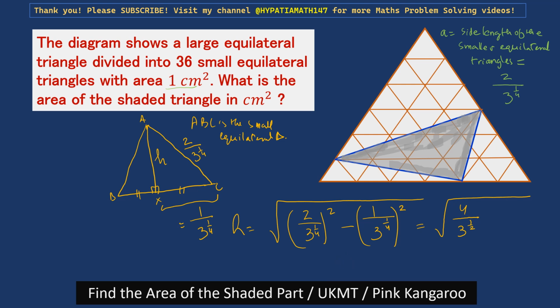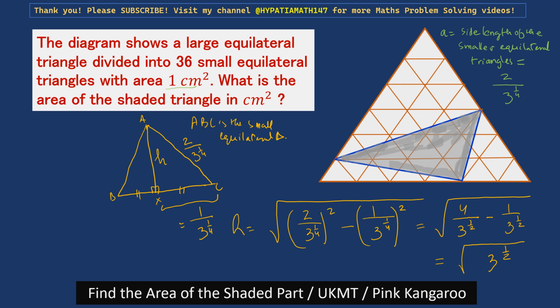So then this minus 1 out of 3 to the power 1 out of 2, and that is equal to nothing but 4 minus 1 is 3 out of 3 to the power half, and that can be written as 3 to the power 1 minus half, and that can be written as 3 to the power half.